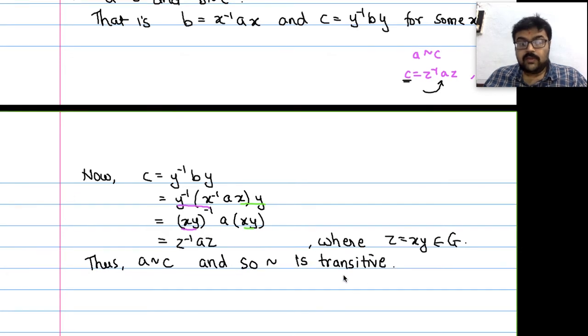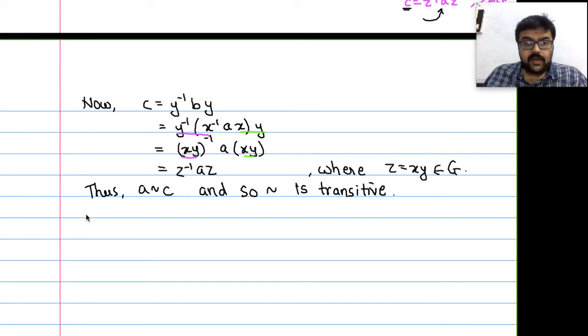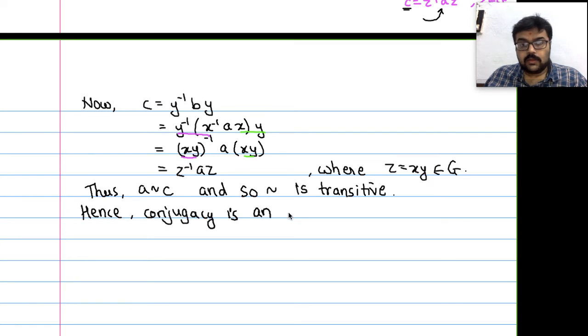So we have transitivity also verified, hence this is an equivalence relation, hence conjugacy is an equivalence relation.